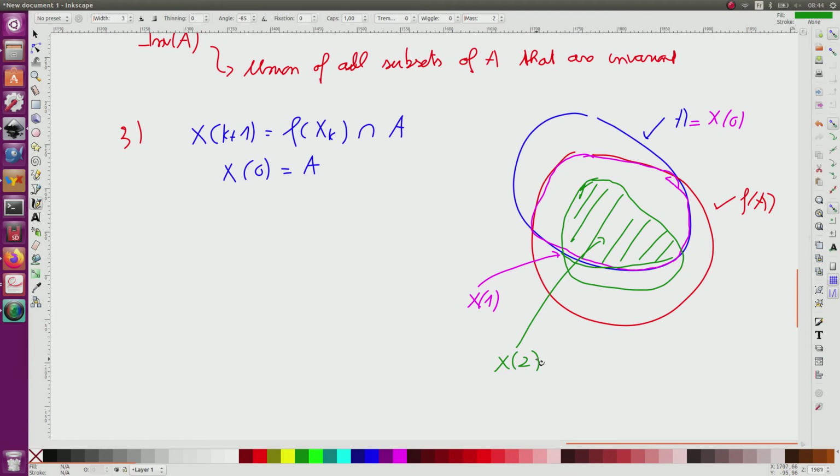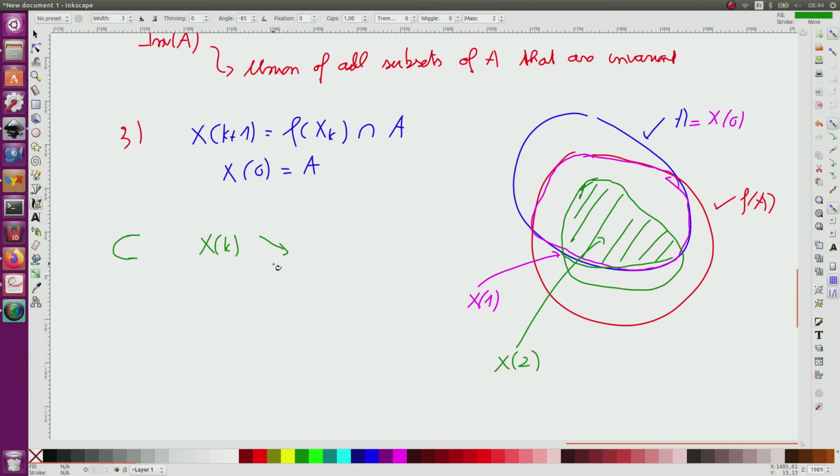So this sequence will converge, and I have to show that it will converge to the largest invariant set of A. So for this, I observe that this sequence is decreasing with respect to this order relation. So the sequence xk is decreasing.